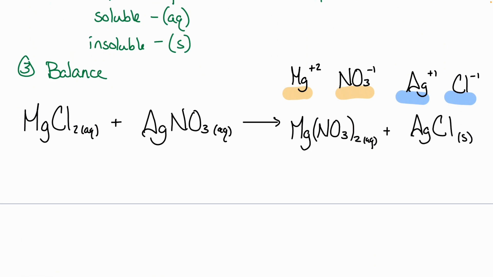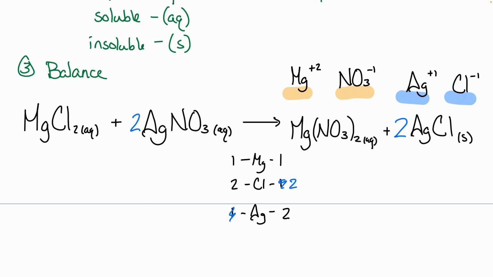Okay, and then lastly, if I'm balancing my chemical equation, my magnesiums match 1 and 1. I get to my chlorines though, I have 2 and 1, so I'm going to have to put a 2 out front over here. When I get to my silvers, now my silvers are imbalanced, 1 and 2. So I'm going to fix that by putting a 2 out front here.